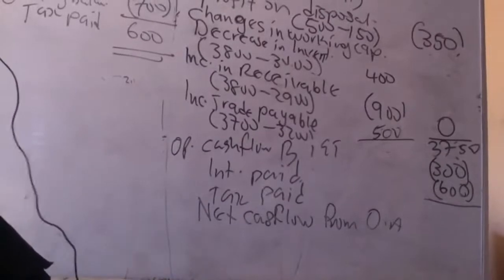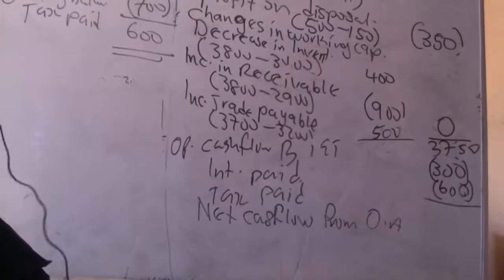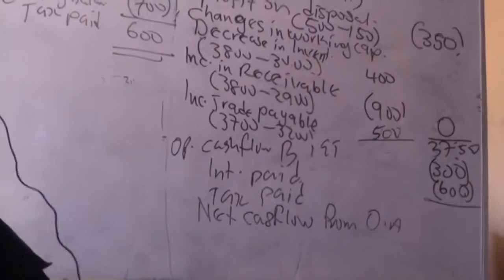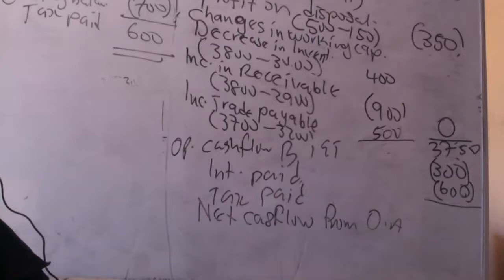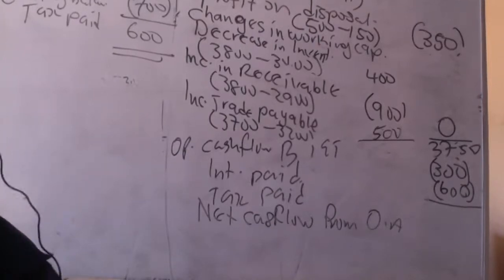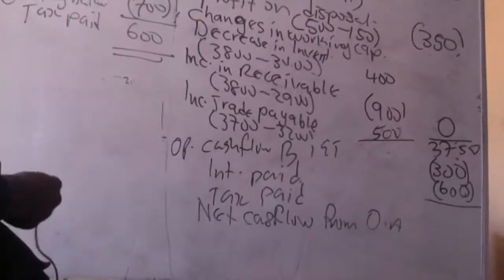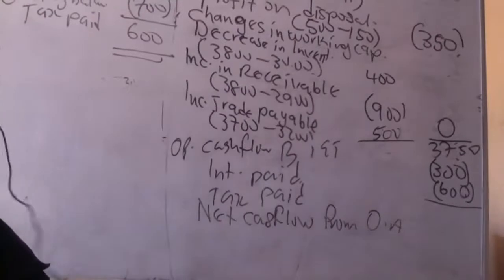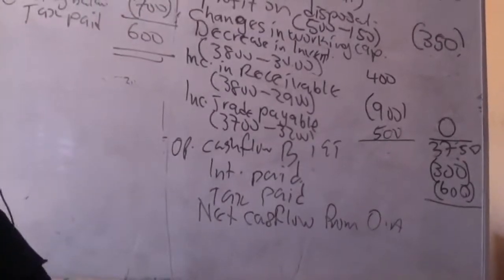Please, what do you get? 3,750. Kindly do the calculation for me. So 3,750 less 900 will give us the answer. If you get it, you can type it for me.